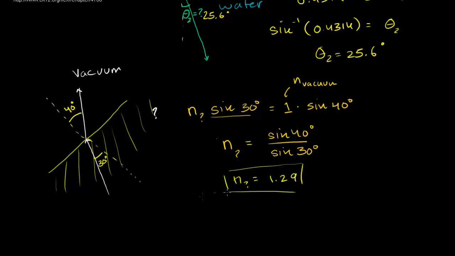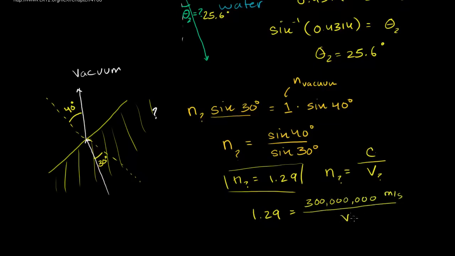And we can actually use this to figure out the velocity of light in this material. Because remember, this refraction index is equal to the velocity of light in a vacuum, which is 300 million meters per second, divided by the velocity in this material, the unknown material. So we could write 1.29 is equal to 300 million meters per second divided by the unknown velocity in this material.